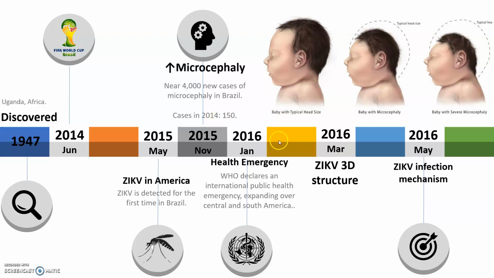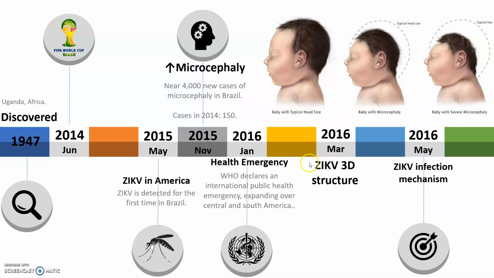By January of 2016, the World Health Organization declared an international public health emergency because Zika virus was expanding over Central and South America. It was believed that the increase in cases of microcephaly was due to Zika virus, but no correlation was confirmed to that date.